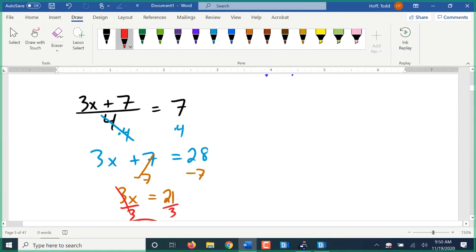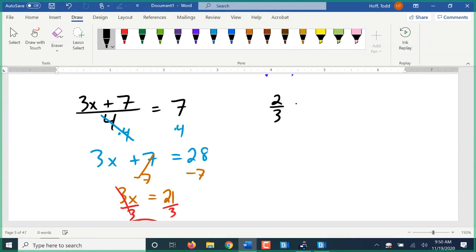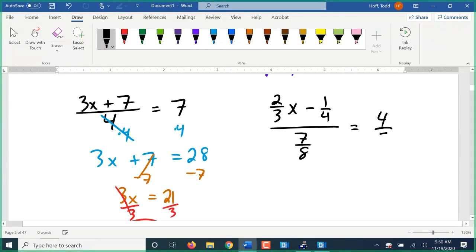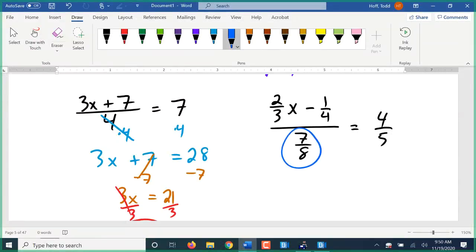Very similar to that would be an equation that looks like this: 2/3 x minus 1/4, over 7/8, equals 4/5. Here again, this whole left side is being divided by the 7/8. So we're going to start to solve it by multiplying by 7/8.